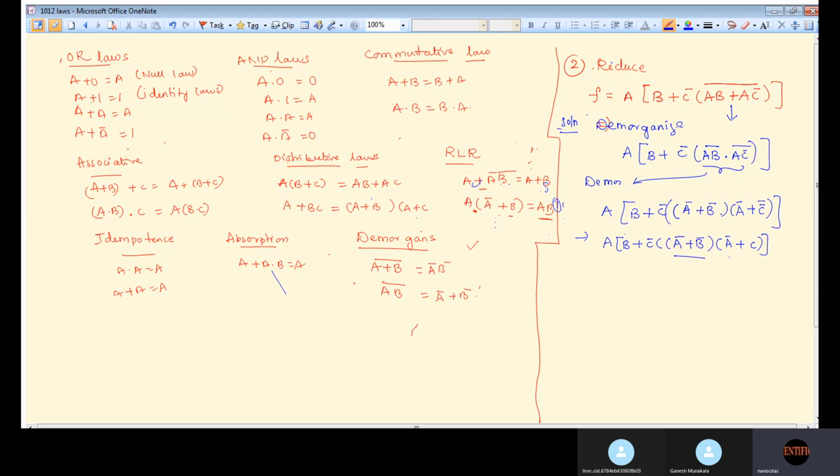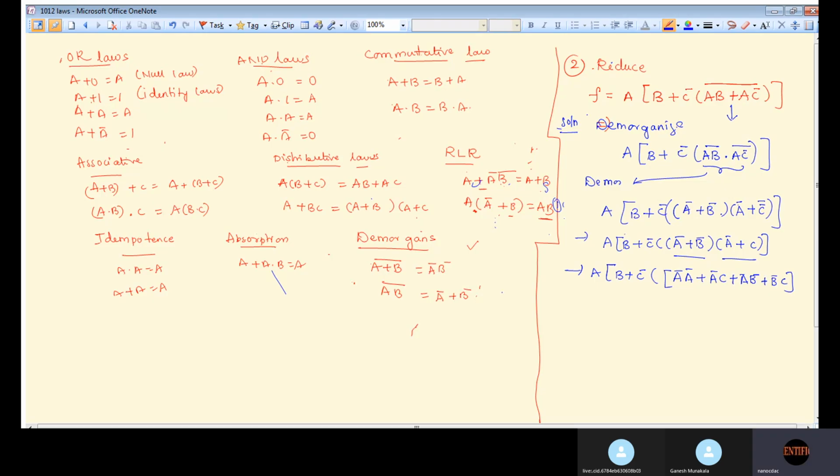Now what we will do is multiply these two things. So A B plus C. Multiply what is in these brackets. What do we get? A bar plus A bar C plus A bar B bar plus B bar C. Okay, we will get this thing.